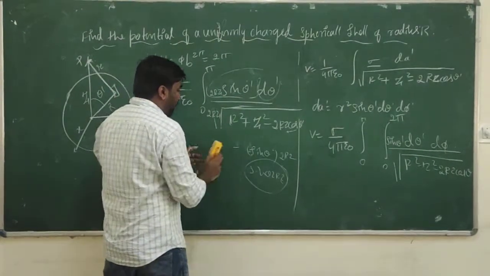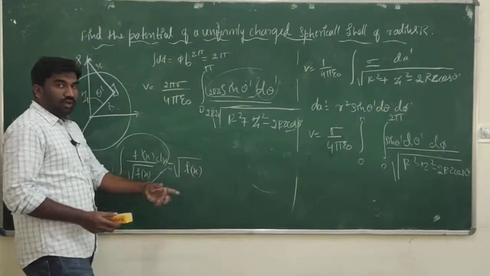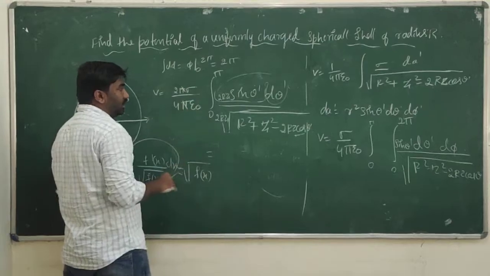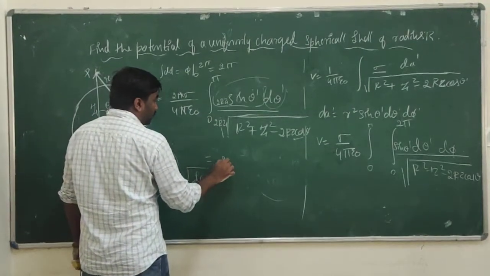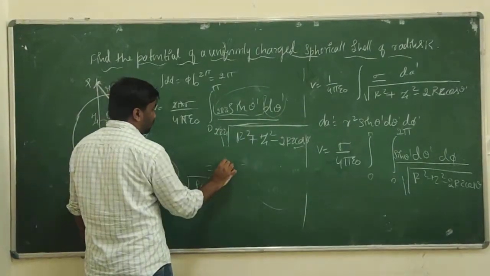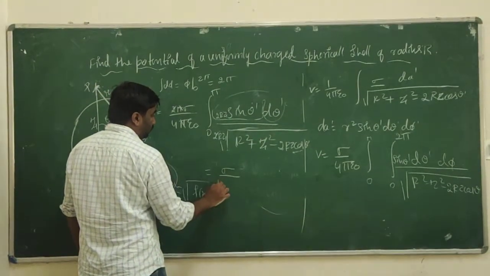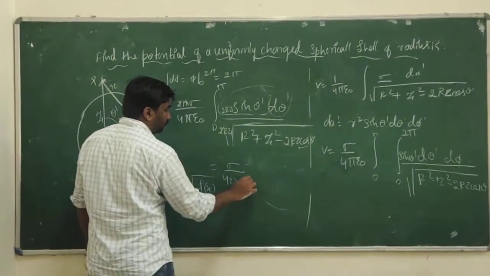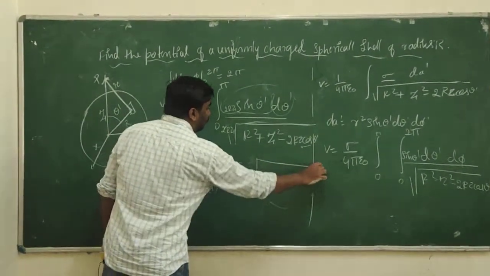So now we have to write in this form, root of x. Pi gets cancelled, 2 gets cancelled, and the remaining is sigma divided by 4 epsilon naught rz into root of f of x.